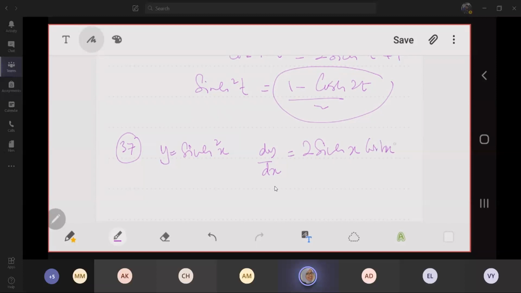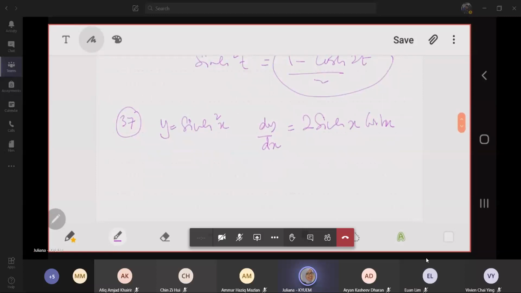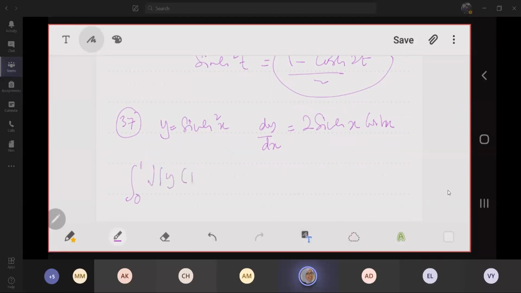So you change that, and the limit also from 0 to 1 of square root of y over 1 plus y dy.